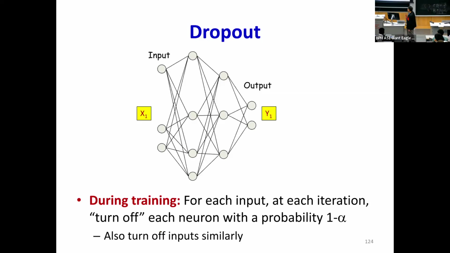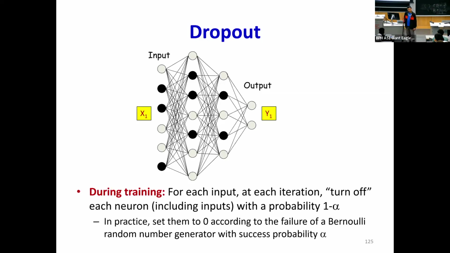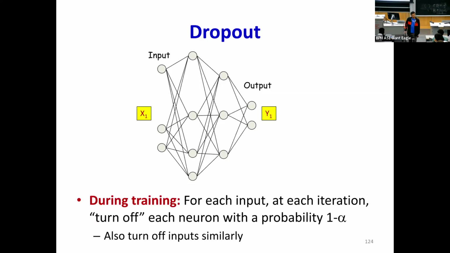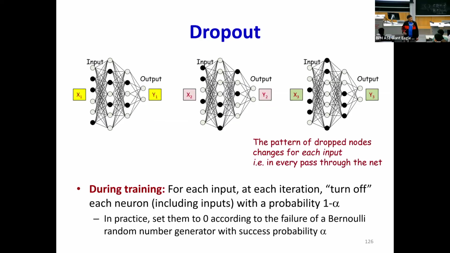So maybe for the first input, you turned off this set, which are marked in black. So the actual computation is only done with the rest of these neurons. And then the next input came in, and you're basically flipping a coin at every neuron. The coin has a probability of heads alpha. You keep the neuron on if it turns up heads, otherwise you switch it off.